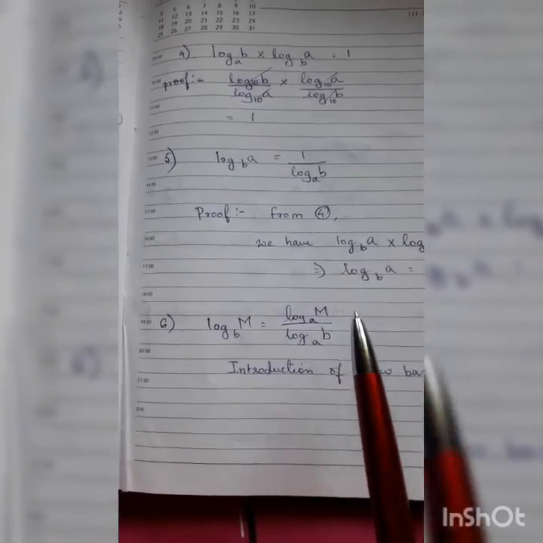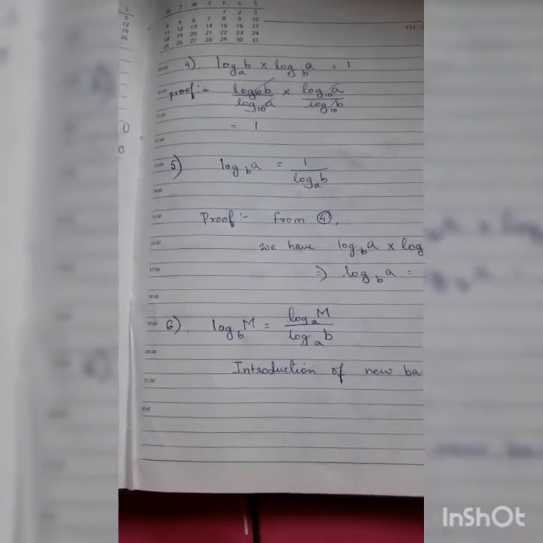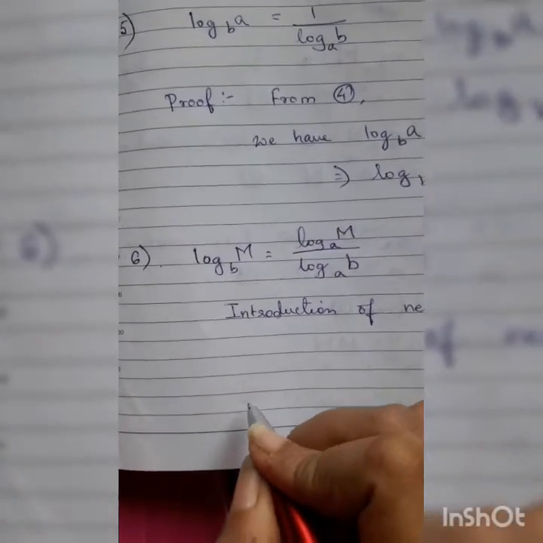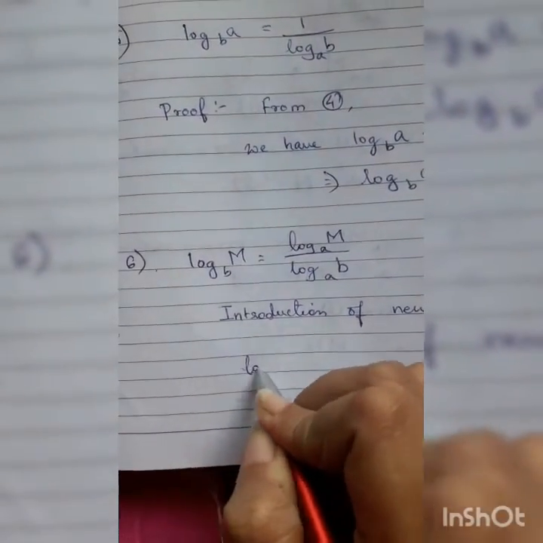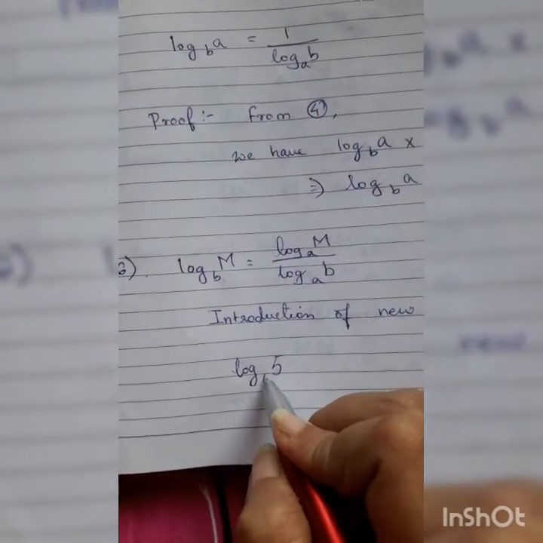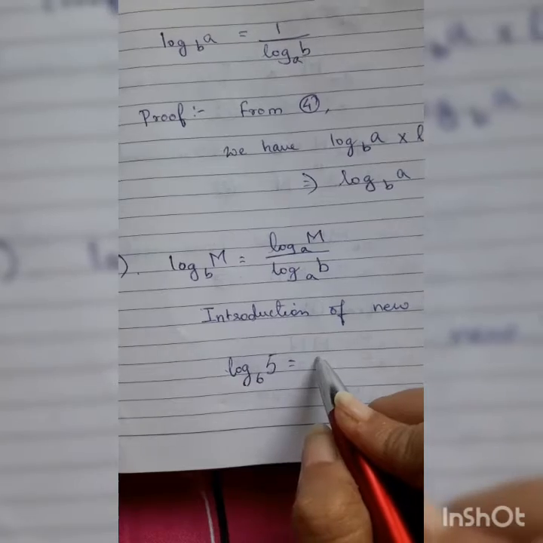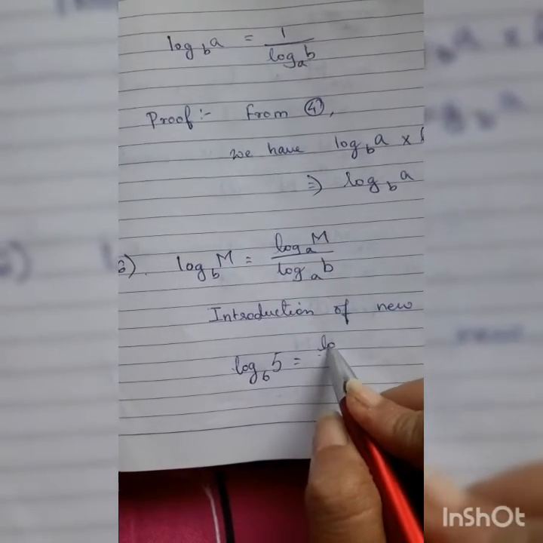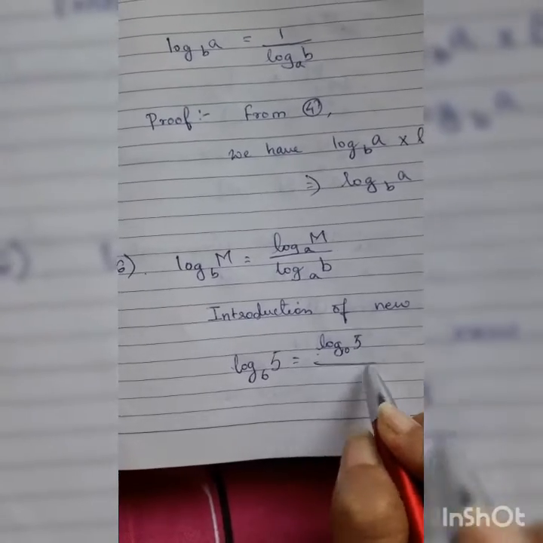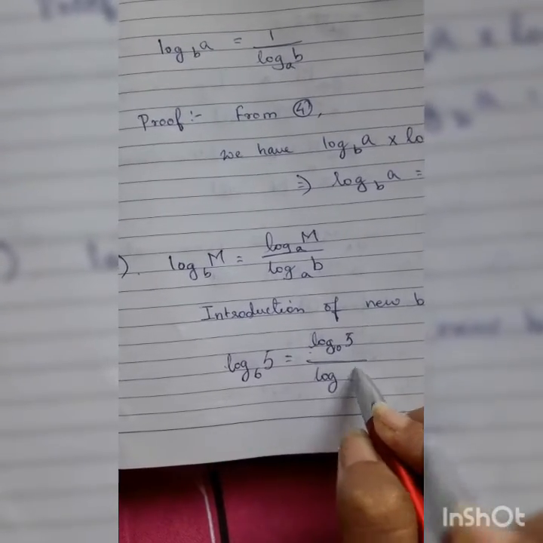So this is known as introduction of a new base. For example, log 5 to the base 6 is equal to log 5 to the base 10 by log 6 to the base 10.